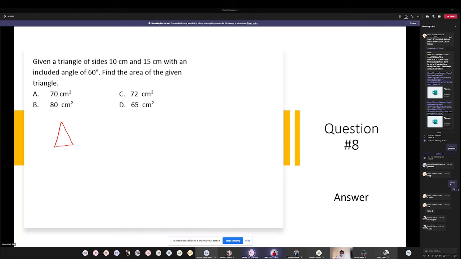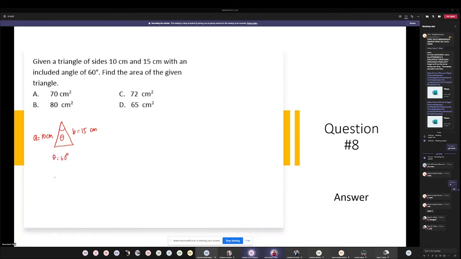So let's say this is side A, 10 cm, and side B is 15 cm. The included angle, meaning this angle here, theta, is 60 degrees.